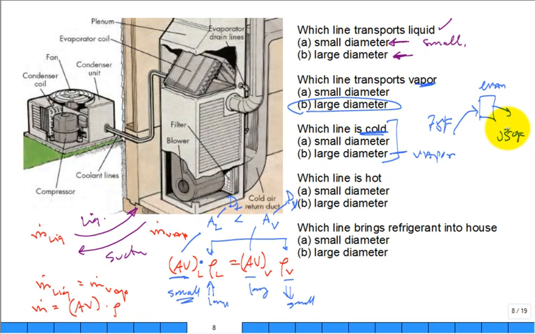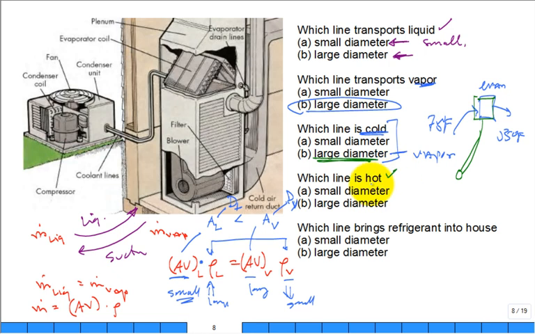It's cold air. Well, what is the temperature of the refrigerant that is inside the evaporator? Even lower than 55. And now that's our suction line, our large diameter, that's going back to the compressor because the compressor's sucking and drawing it back away from the evaporator. The large diameter suction line is the cold line.